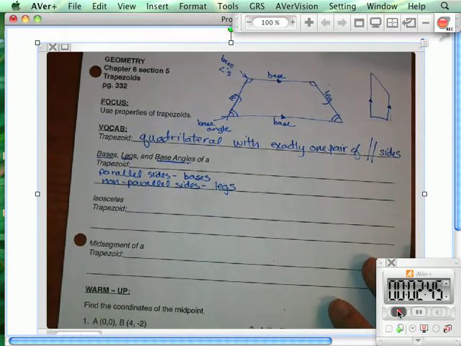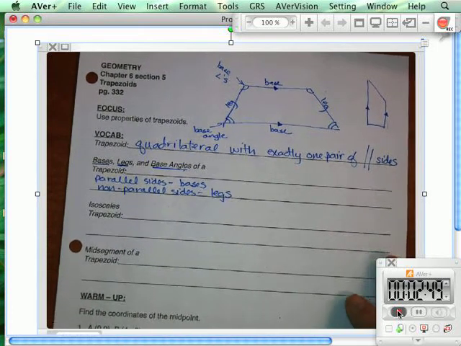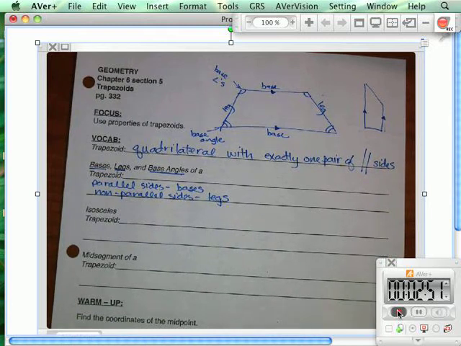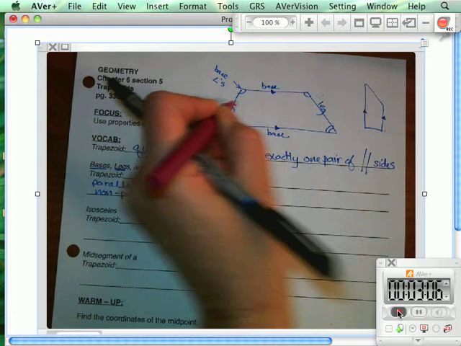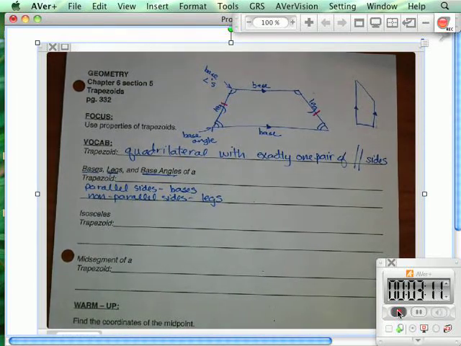And then there's an isosceles trapezoid. What do you think an isosceles trapezoid is? What's an isosceles triangle? What, Julia? Two of the sides are the same, exactly. Same thing with the trapezoid. If the legs are congruent, it's an isosceles trapezoid.